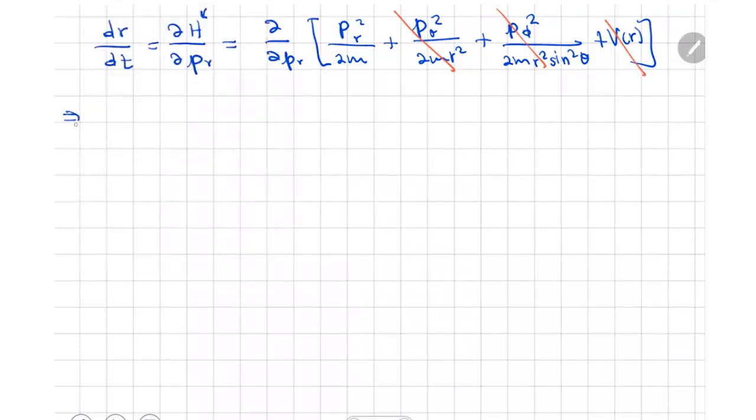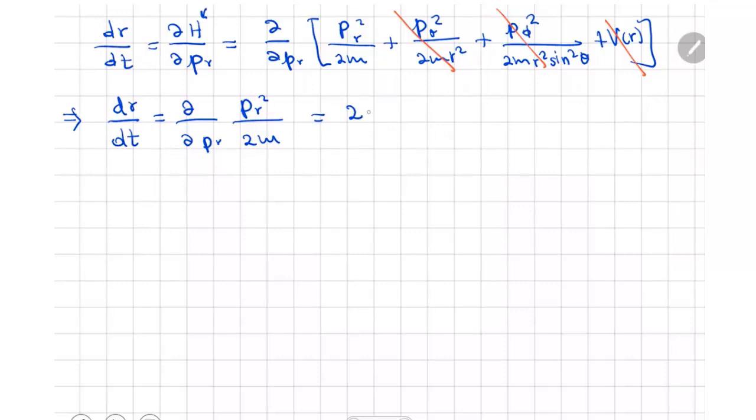Then we get that dr/dt is equal to the derivative with respect to p_r of p_r squared divided by 2m. The derivative of p_r squared is 2p_r, and 2m is constant, so it won't change.